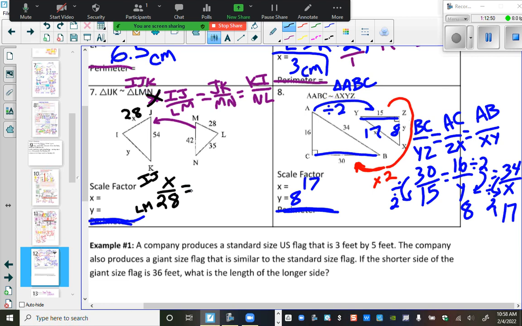Equals, what's JK? JK is 54. JK 54 over, what's MN? MN is 42. 42, good.